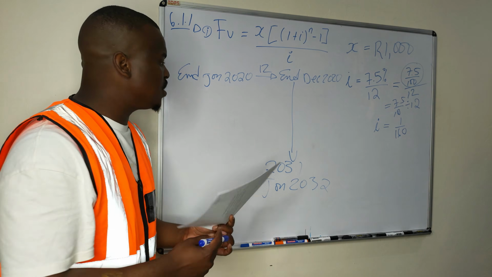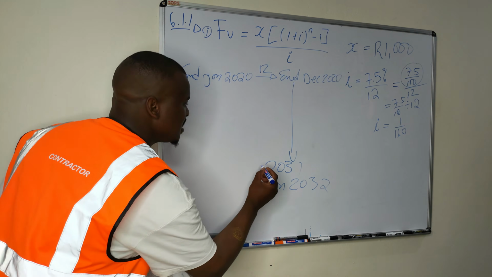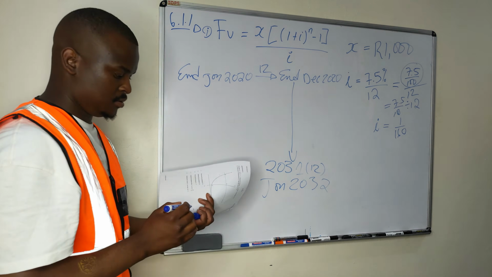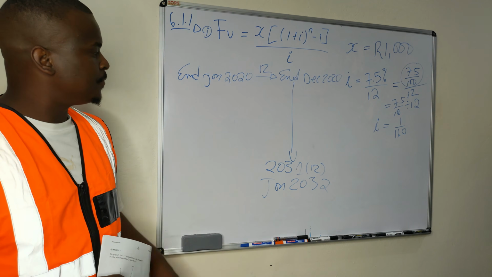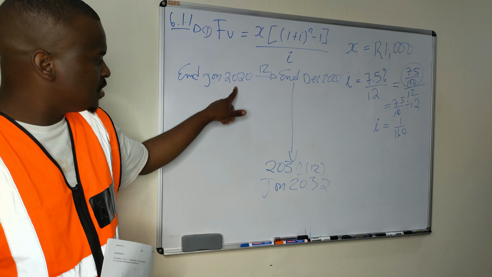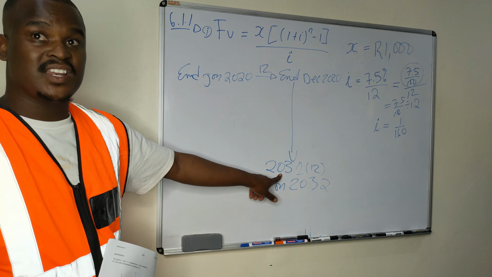By the end of 2031, he also made 12 payments into the account. So this person made 12 payments each year from 2020 to 2031.